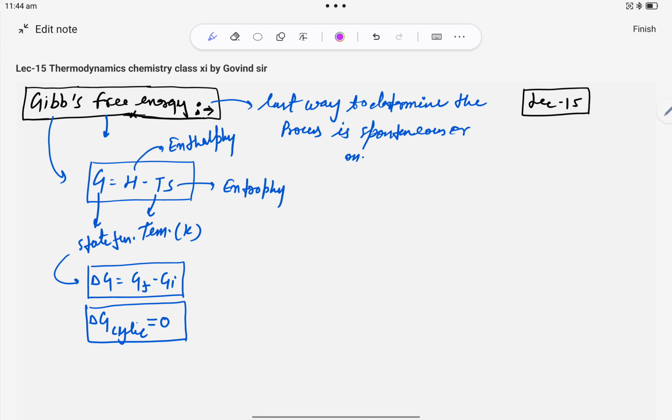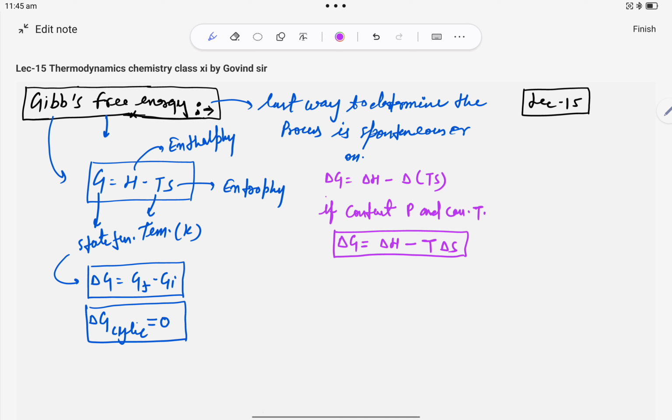So in that case, delta G is equal to delta H minus T delta S, if constant pressure and constant temperature are applied, then this formula will come. Delta G is equal to delta H minus T delta S.